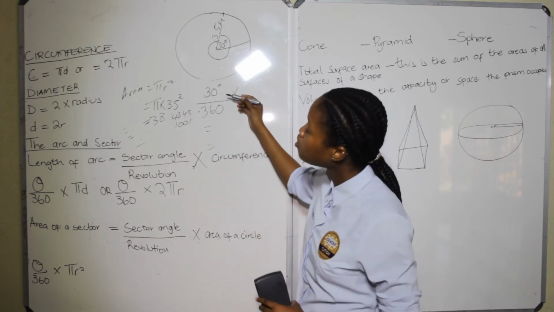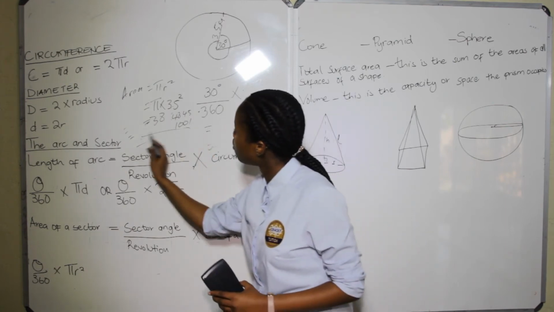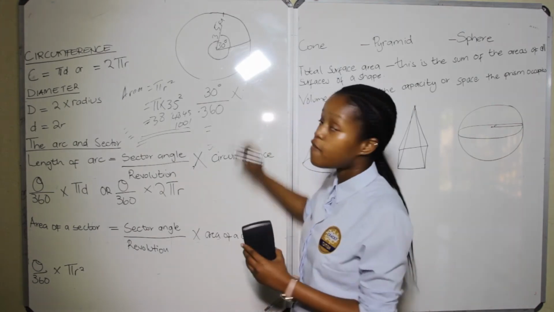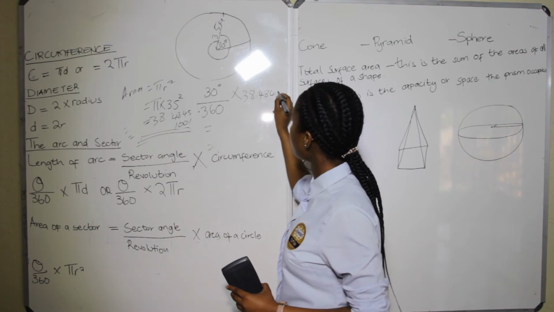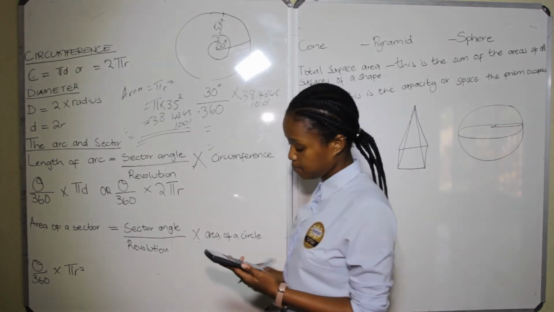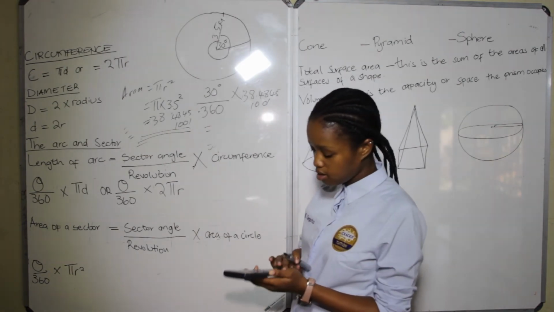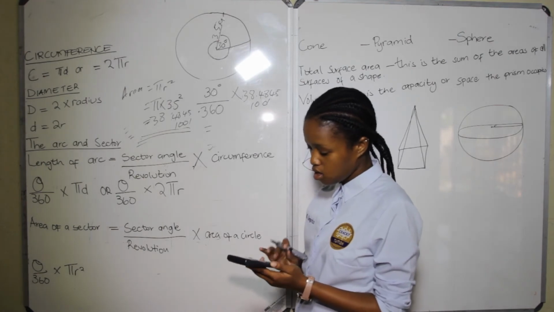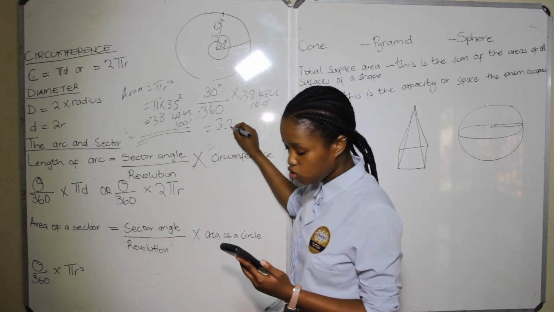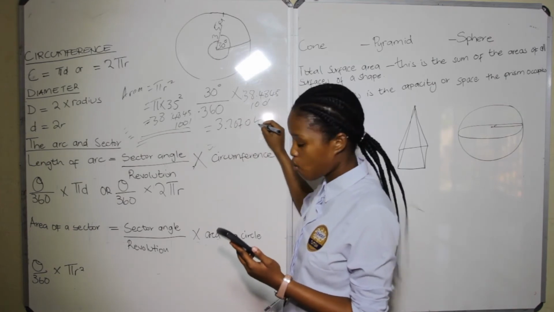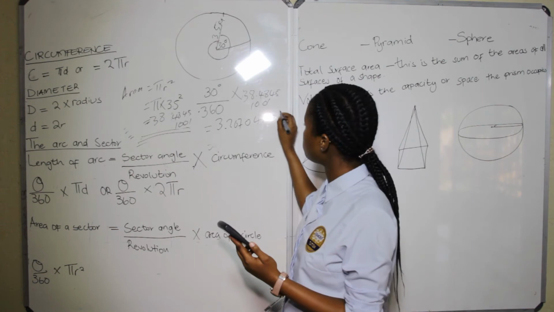So it's going to be 30 over 360, and our area of a circle that we have already found, it's 38.48451001. We're going to multiply this by, which is going to give me 3.207042501.